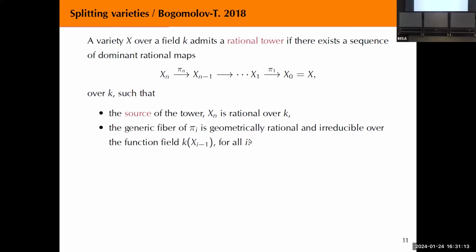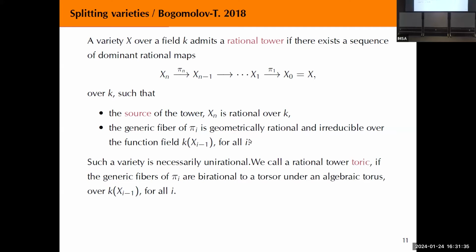So we want this to be geometrically rational, but we don't require rationality at this stage. Of course, since X is dominated by a rational variety, it is unirational a posteriori.